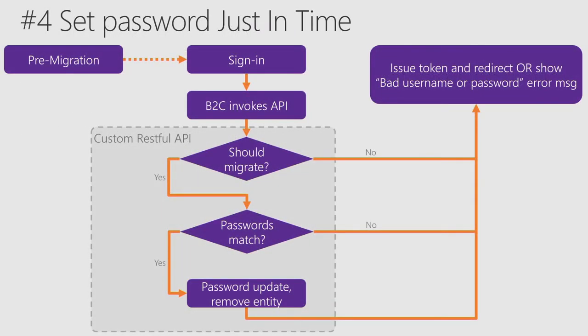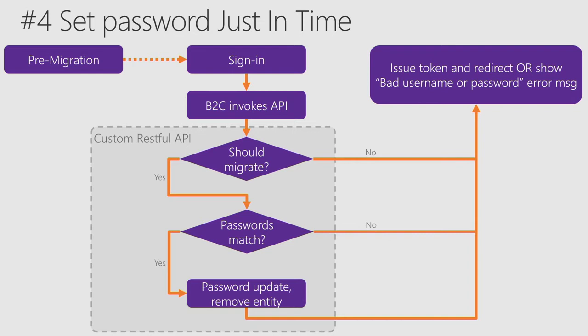Okay, this is set password just in time. Again, we first run the pre-migration in order to create the account in Azure Active Directory B2C. But since we don't have the password, you remember we generate a random password and set it. Then, when a user signs in, can you see my mouse?